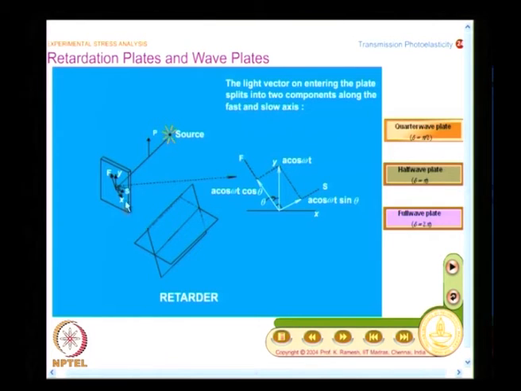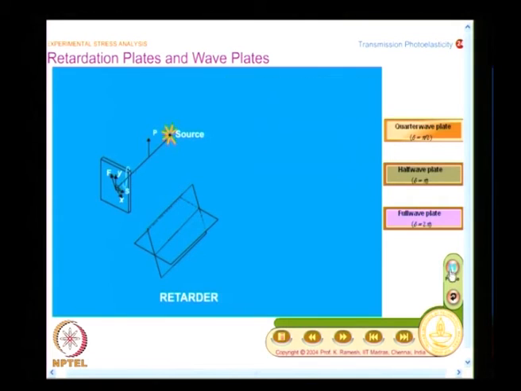So, what I have here is, I have a crystal plate. It is not loaded, it is a natural crystal, and I have this in a form of a plate. And what I have is, I have a light source and I have put a polarizer. Now, you must be familiar, and we will just see what happens.